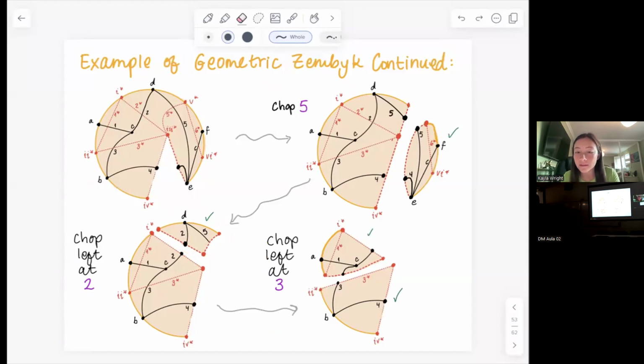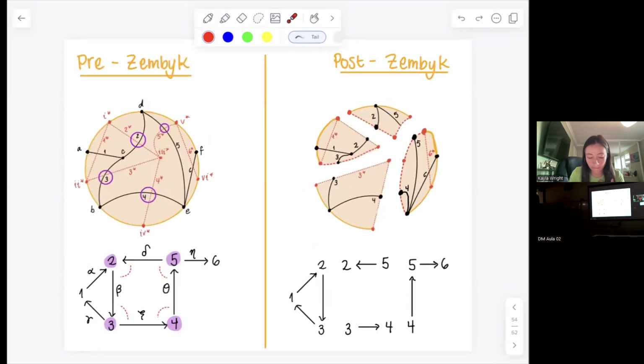Type D? Yeah, you say A? That's a punctured pentagon. Of course, yes. Sorry. So this one's now of type D, so it's good. Yeah. So if we were to chop at 3, we get kind of this local picture. And again, we're doing this for all of the vertices that gave a relation in the bound quiver.